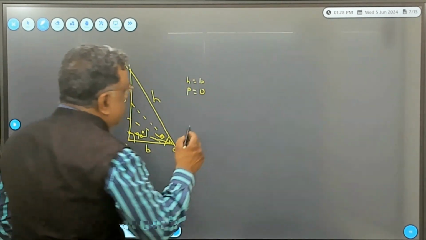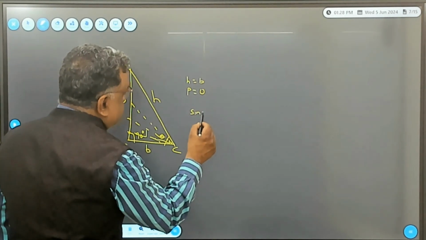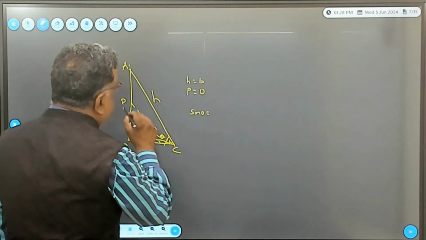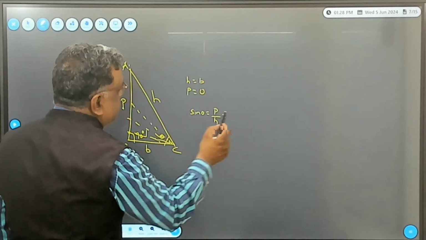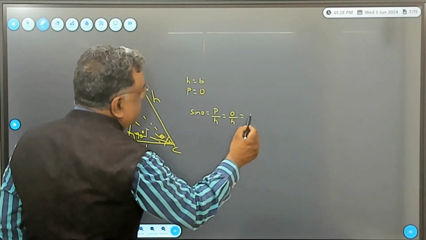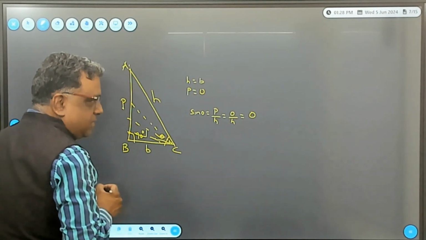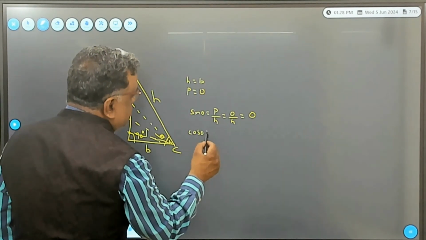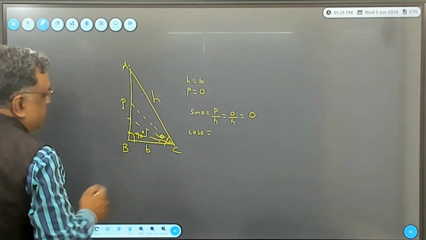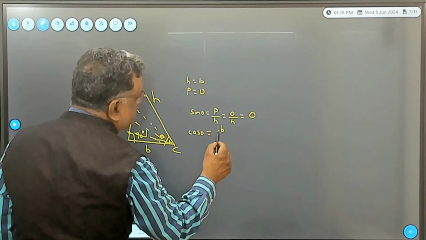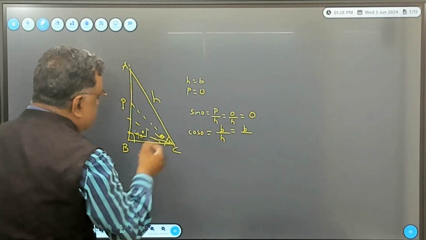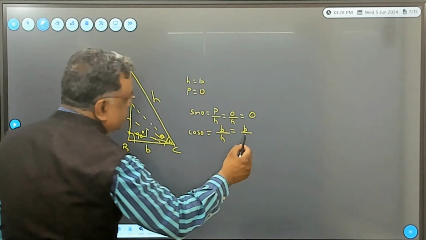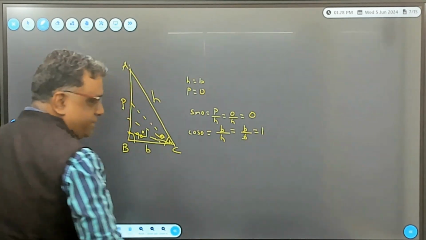So what is sine 0? Opposite upon hypotenuse, which is P upon H. Now P is tending to become 0, so 0 upon H will become 0. So sine 0 will become 0. Let's try to see cos 0. Cos 0 is B upon H. Now H is tending to merge with B, so it becomes equal to B. So cos 0 becomes 1.